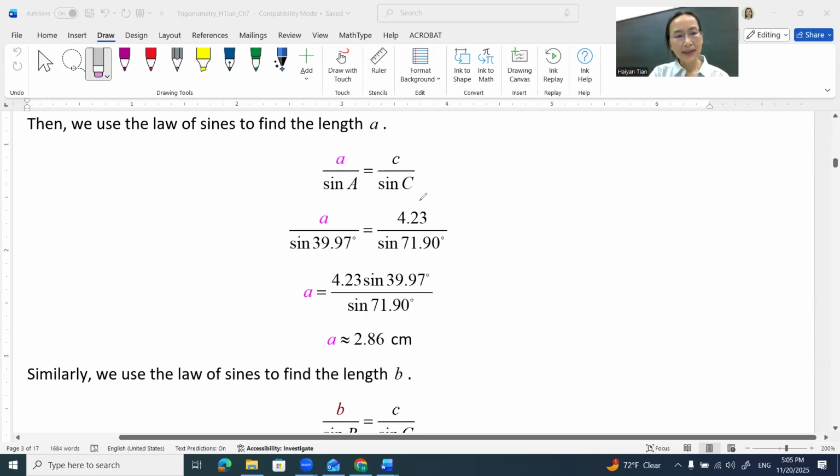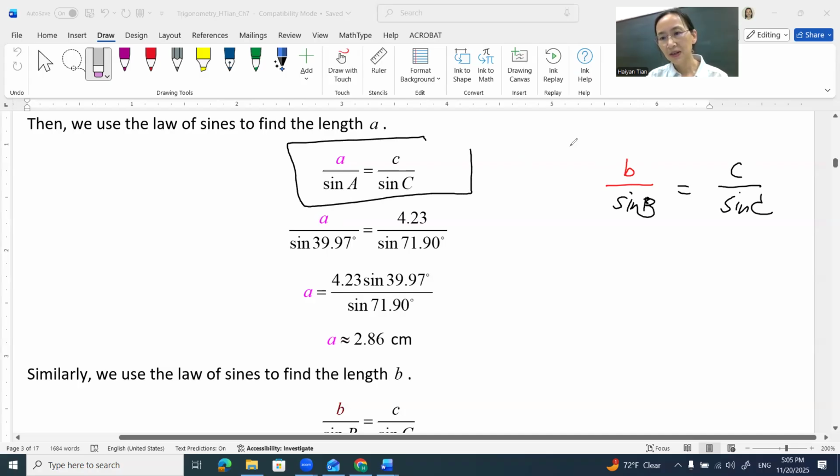And now what is left? That's B. Very similarly, to find B, we just need to get something similar. We put B over sine B, right? So this is B over sine capital B equals c over sine capital C. Compare with this equation, you see how similar.